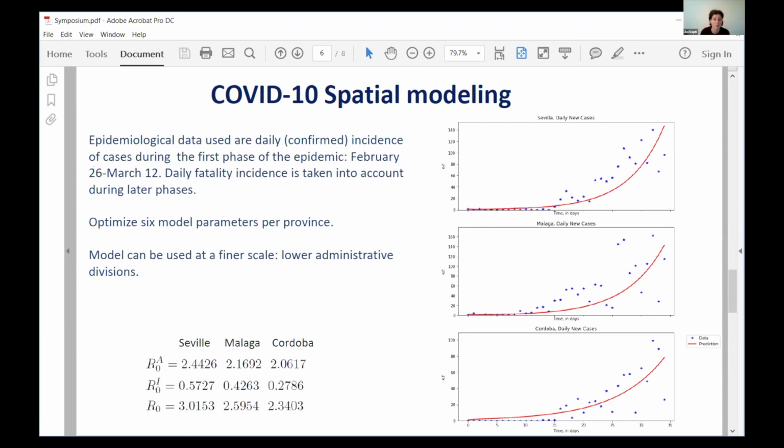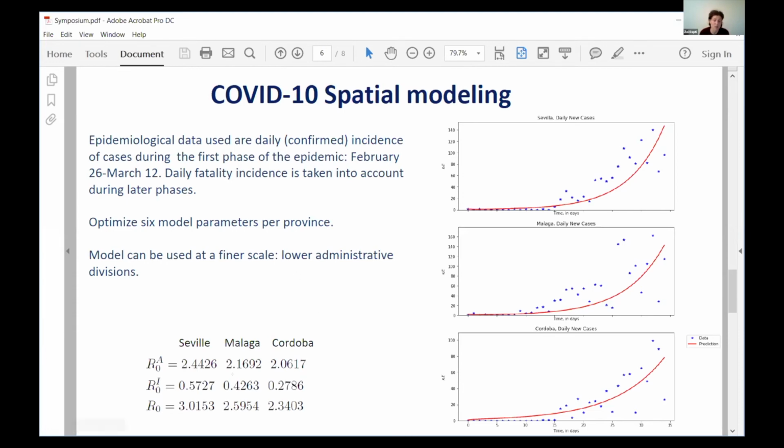And this is before the announcement of the first stage of the mitigation measures. But we are going to incorporate fatality incidents later, in later phases. And of course, we don't have to stick with the province level and consider 8 provinces. We can go to lower administrative divisions if we want to achieve a finer scale.